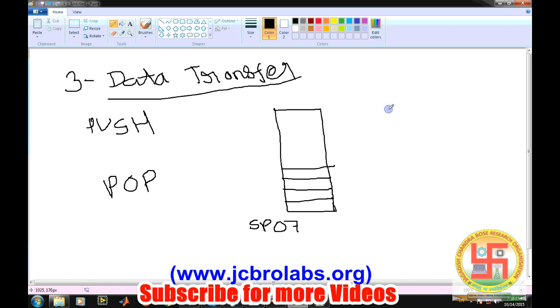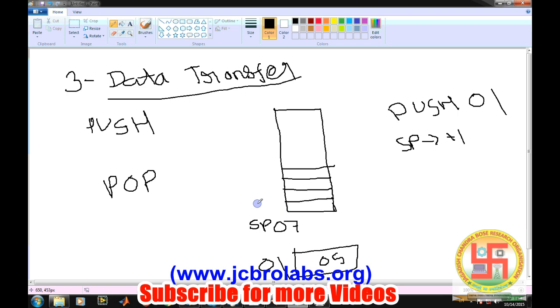When we write push 01, the content of RAM memory location 01, suppose here it is 5, is pushed. First it increments the SP by 1, so after this push instruction the content of SP will be 08, and then it stores the RAM location data of 01 here.